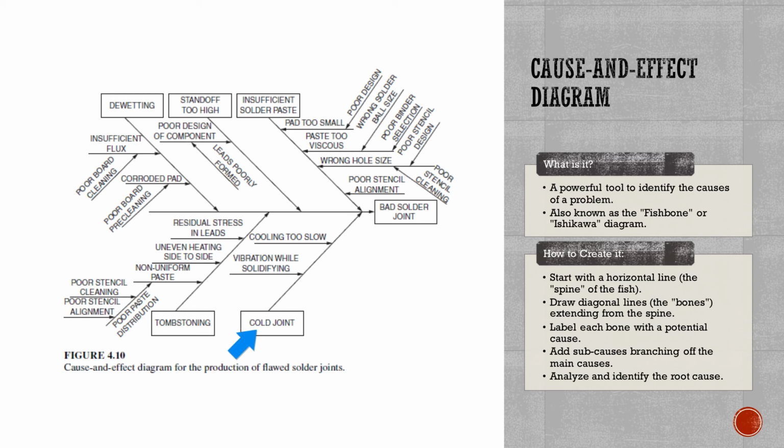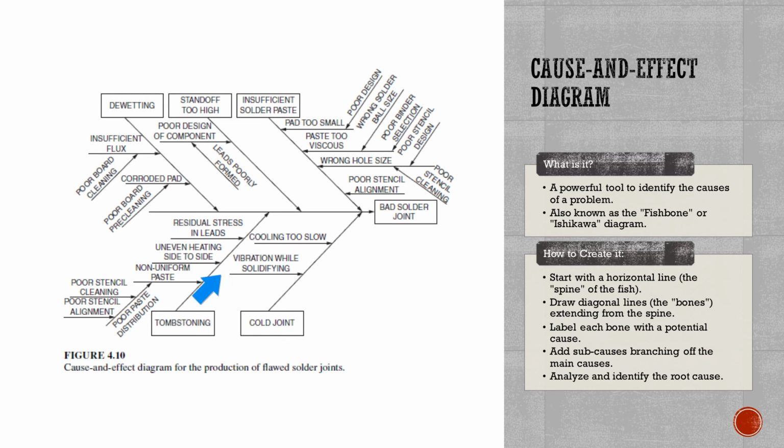And then for example, under the cold joint cause, the sub-causes that contribute to a cold joint may be vibration while solidifying and then cooling too slow. So this is the main potential cause, and below it is the sub-cause that may contribute to this main cause.